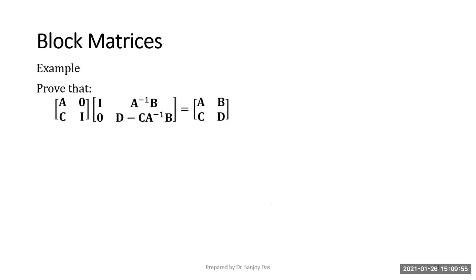Now, how to handle block matrices? I'll give you one illustrative example. Always when we do the multiplication, make sure that we are multiplying elements of the right sizes. Let's show that the product of these two block matrices is equal to this. What's a block matrix?